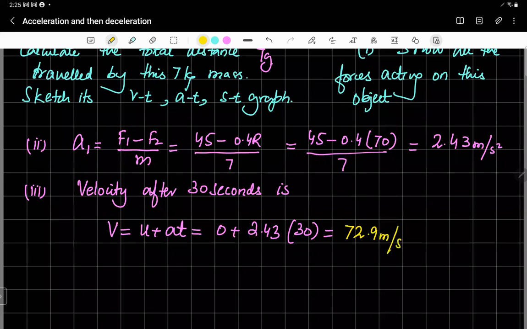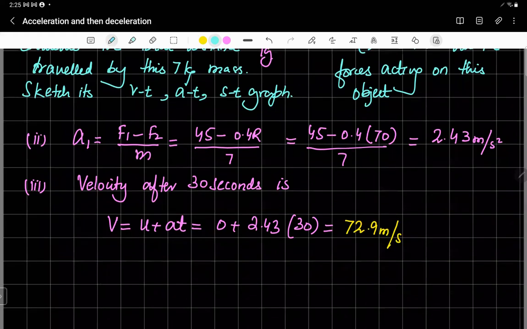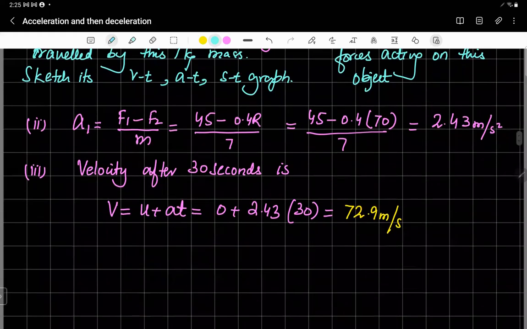Okay. Now, the distance traveled in the first 30 seconds.